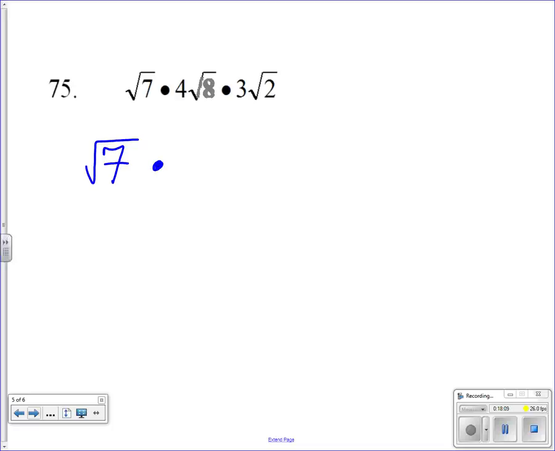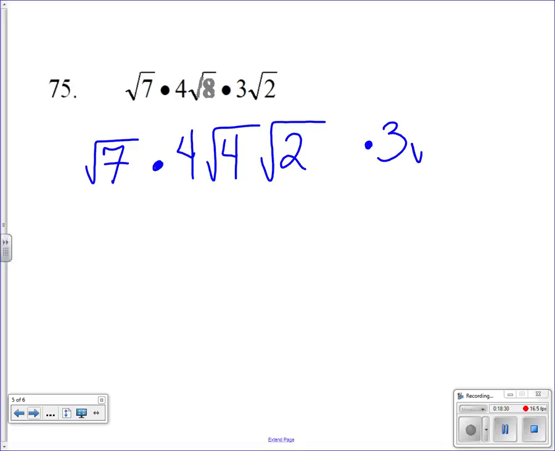Now, the square root of 8 just comes out to be, oh, you know what? Actually, there's an easier way. Well, we'll show both. You can break down the square root of 8 into 4 and 2, times 3 square root of 2. Again, we can't really break down the square root of 2, so that's why we just rewrote this.